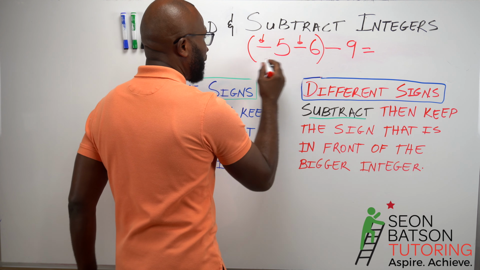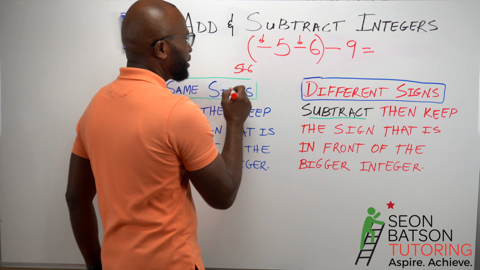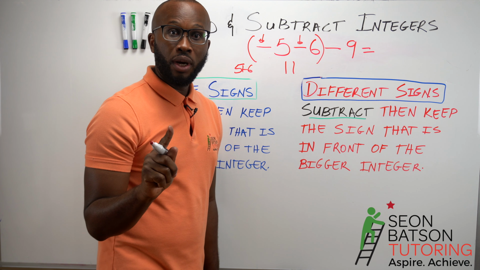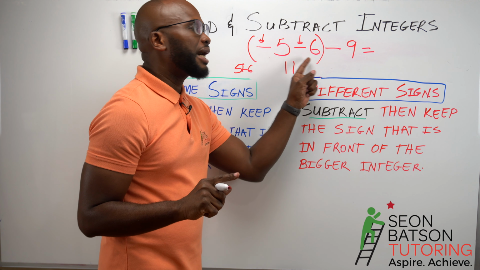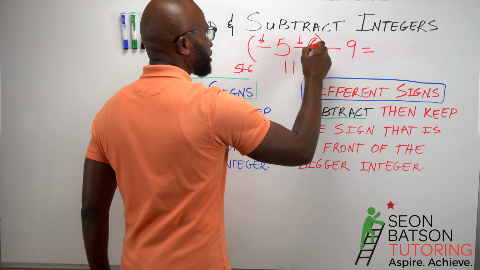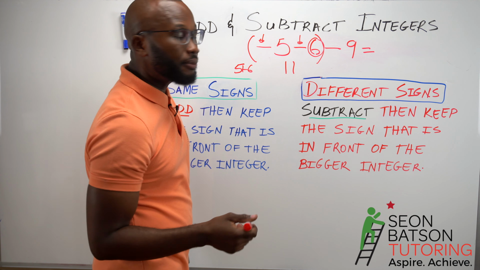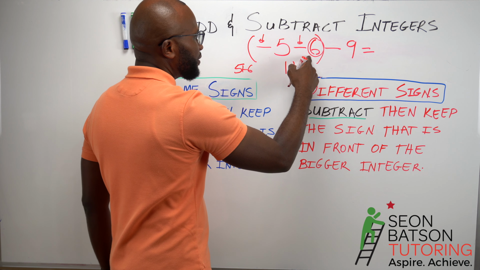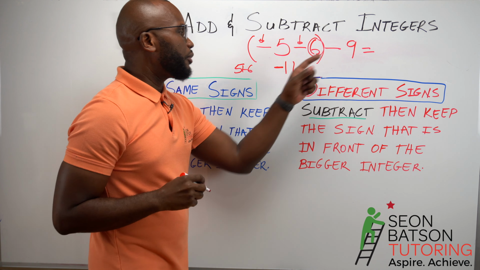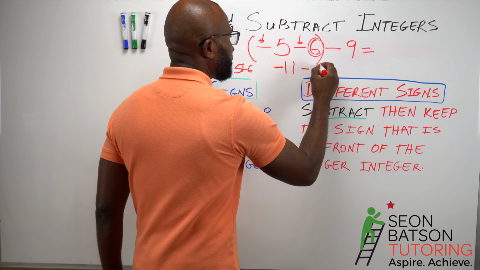So if we add 5 plus 6, that gives us 11. But very important, we must do what after adding? Keep the sign that's in front of the bigger integer. The bigger integer here is 6, because 6 is bigger than 5, right? So there's a negative sign in front of the 6, so we keep that negative sign in the answer. Now we're going to include our negative 9.